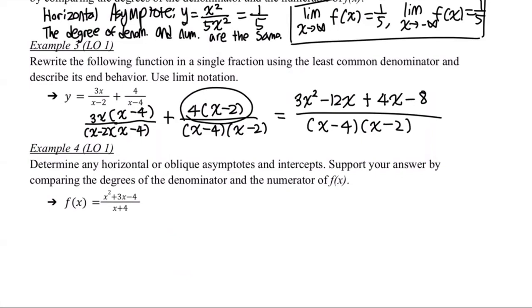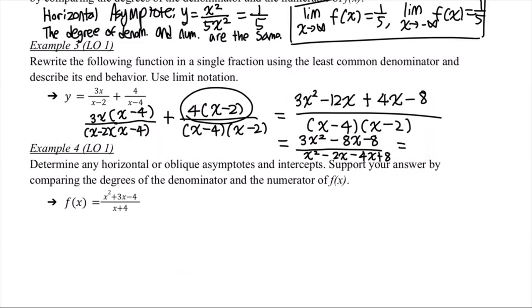If we simplify this, we will get 3x squared minus 8x minus 8 over, if we use the FOIL method, x squared minus 2x minus 4x plus 8.